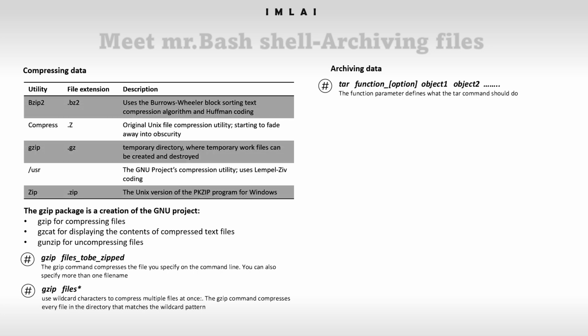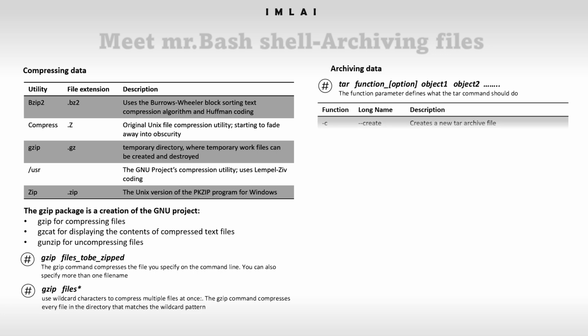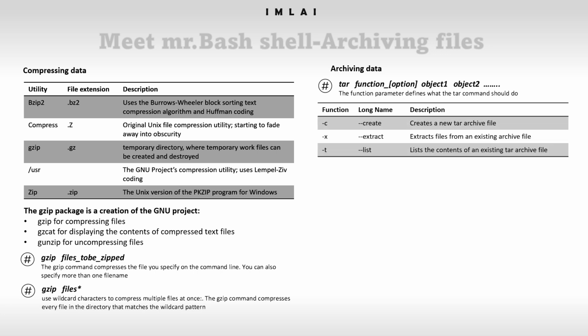The tar command has a function parameter. The first one is tar, then the function parameter defines what the tar command should do. As shown in the following table, each function uses options to define a specific behavior for the tar archive file.